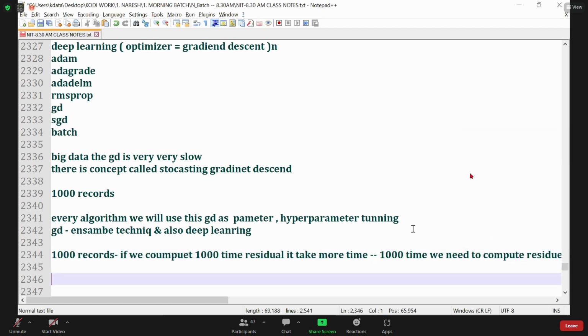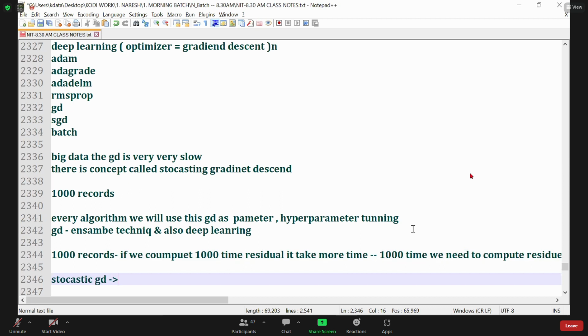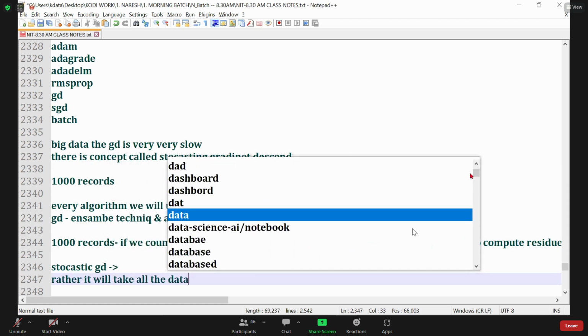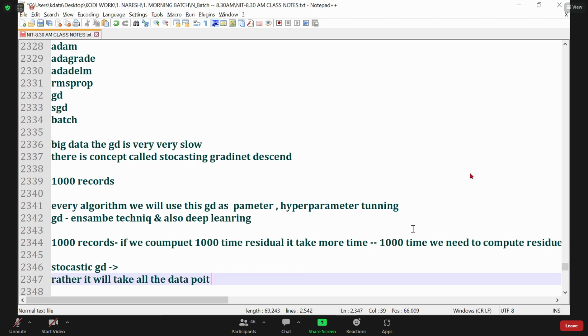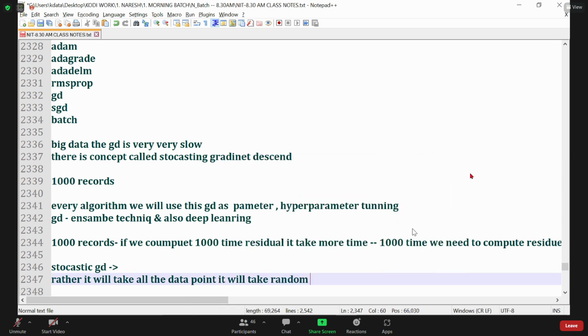So that's why let's head toward stochastic gradient descent. What exactly does stochastic gradient descent do? Rather than taking all the data points, it will take random points.